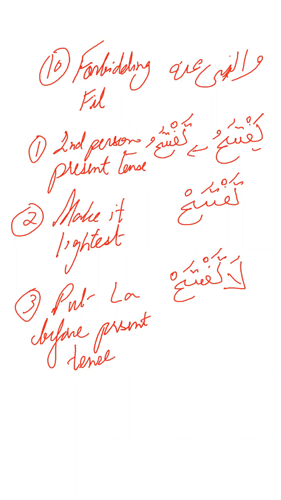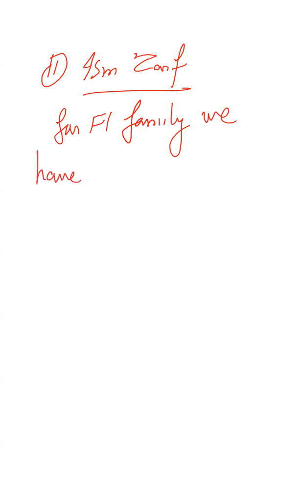Okay, let's move on to zarf. Here the 11th word is ism zarf. So for family 1 we have a set pattern for ism zarf.